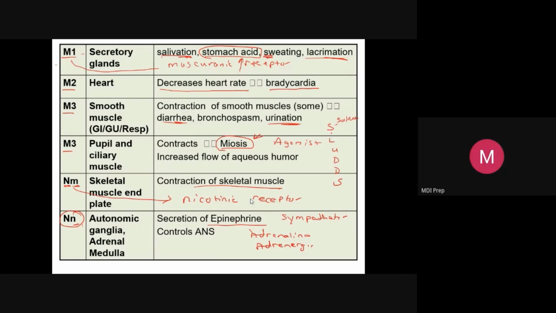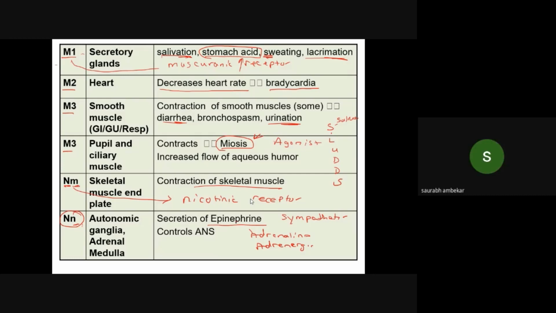So you see how that's nicotinic? Okay. So the take-home message from this slide is that if you see muscarinic, think that cholinergic drugs are agonists to muscarinics. Okay. All right. Everybody got that?